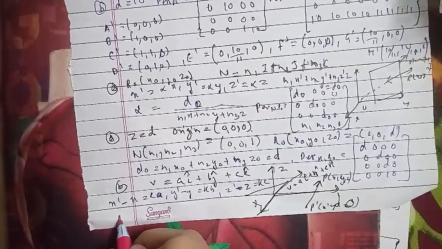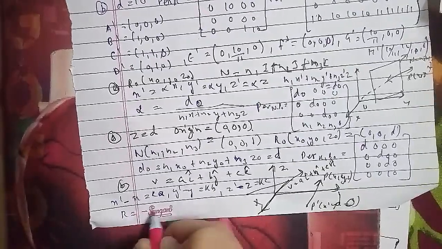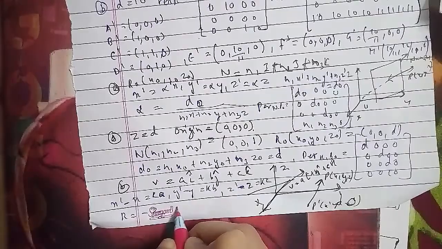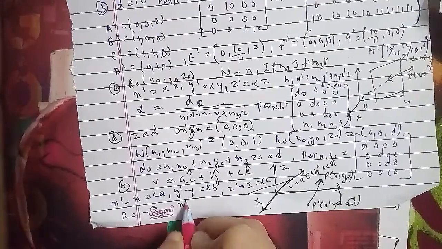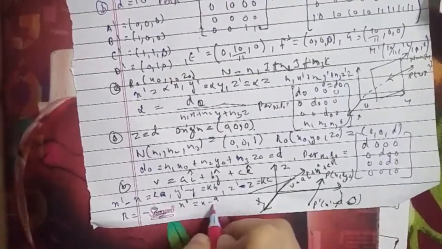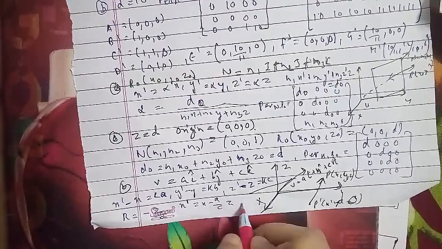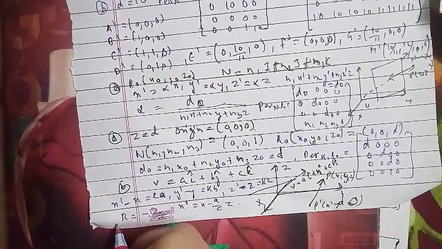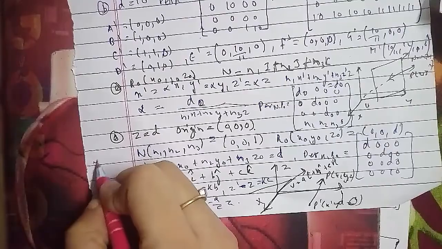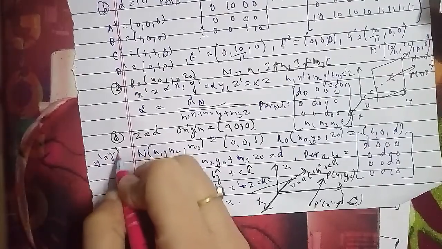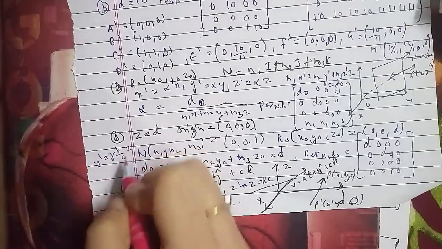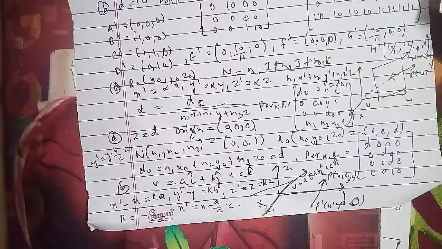And we'll get k equals minus z upon c, where x dash equals x minus a upon c times z, and of course for y, y dash equals y minus b upon c times z here. Now we'll find the matrix representation as well.